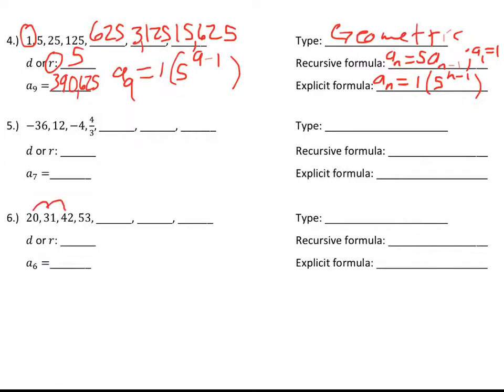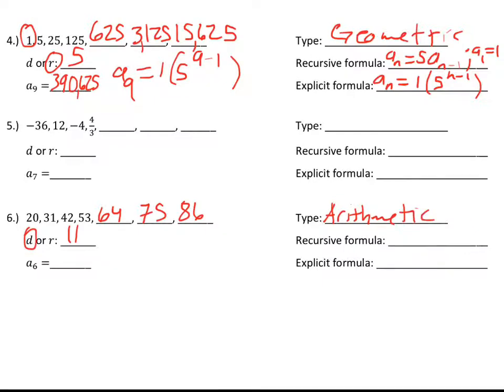We have this nice pattern here of just adding 11 each time. So we're going to get 64, and then 75, and then 86. Just adding 11 each time. And since we're adding 11 each time, it has a common difference. This type of sequence is an arithmetic sequence.